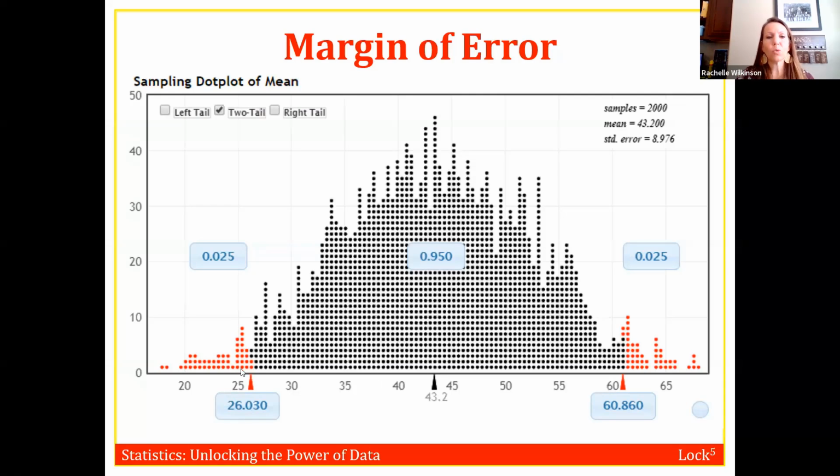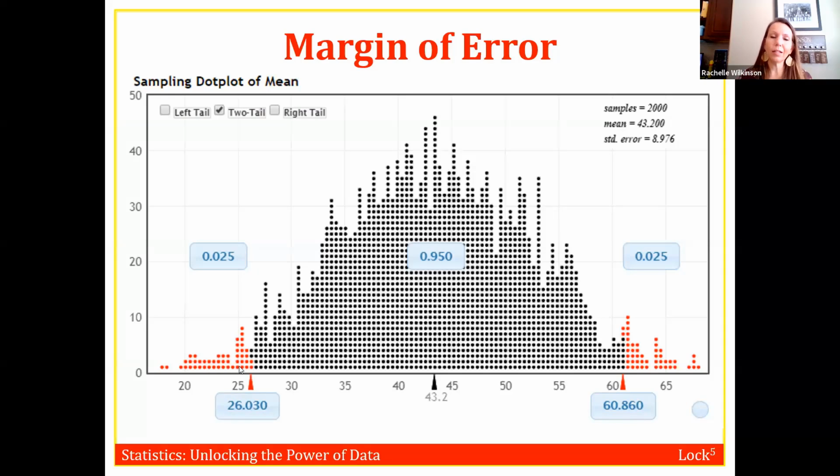What about 25? Is 25 a likely value for a sample mean? Okay, so this one's a little bit more unlikely. There's not as many values that are out here by 25, so it's more unlikely, but it's not impossible, right? There were some sample means that we saw when we took all these random samples that were around 25.